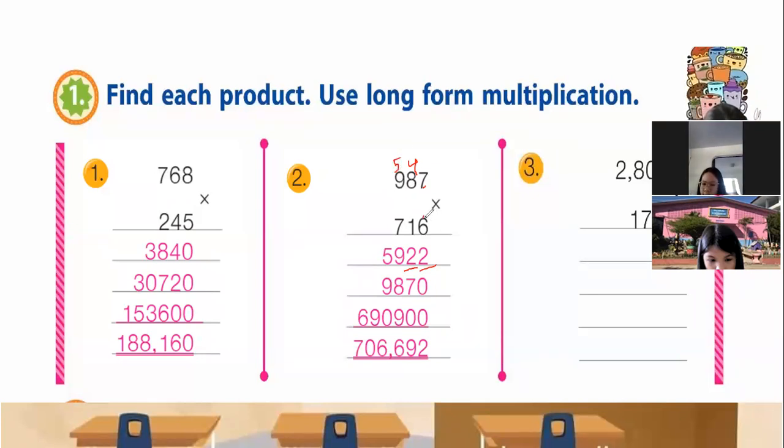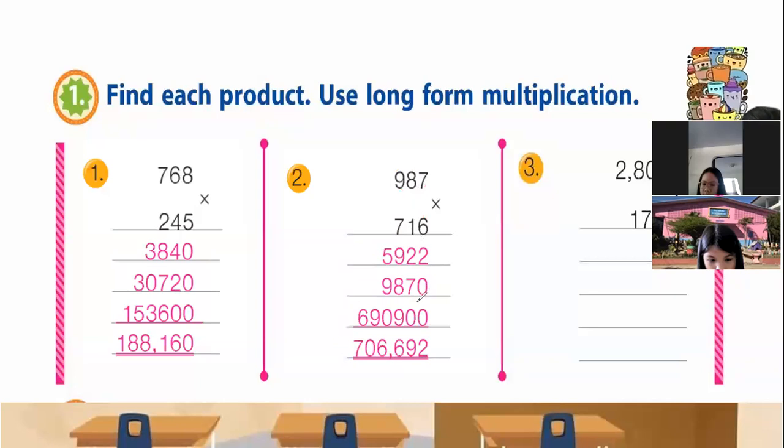Now again, 6 multiply with 9. 6 multiplied by 9 is equal to 54. 54 plus 5, that means 59. So we have the product 987 multiplied by 6 is equal to 5,952.